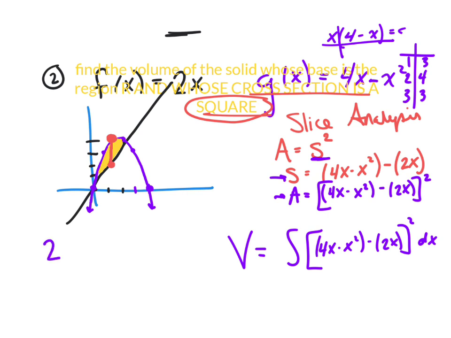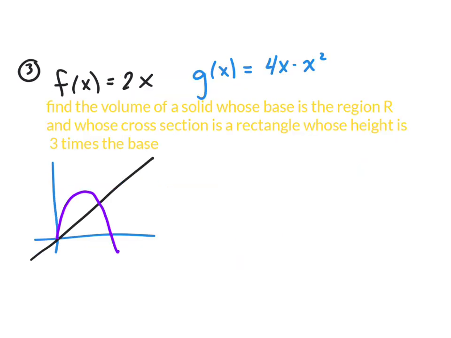So again, to find where something's equal, you just set those two functions equal. 4x minus x squared equals 2x. I'm going to bring these guys over to this side so I get that positive x squared. Subtract my 4x, I get minus 2x. Pull out the x and x minus 2. So I should get from 0 to 2. Now we can go ahead and evaluate that by hand or in the calculator. My goal today is just to set these up.